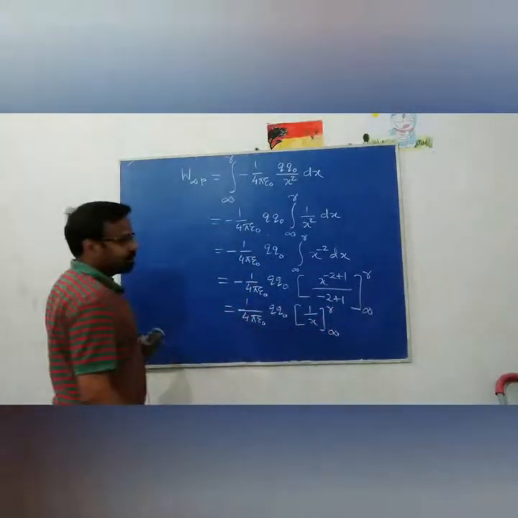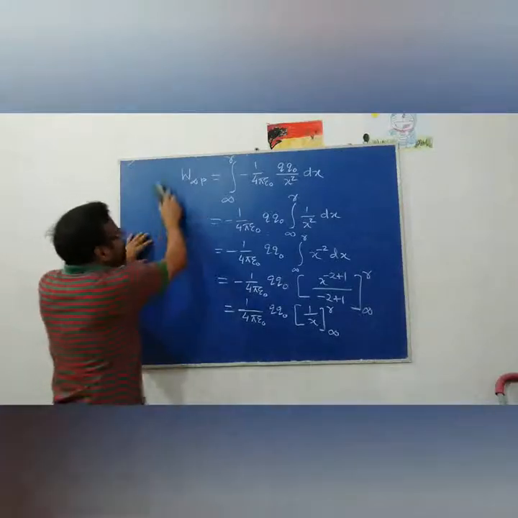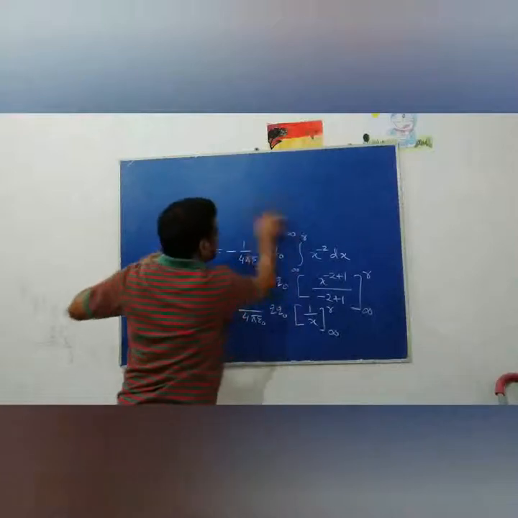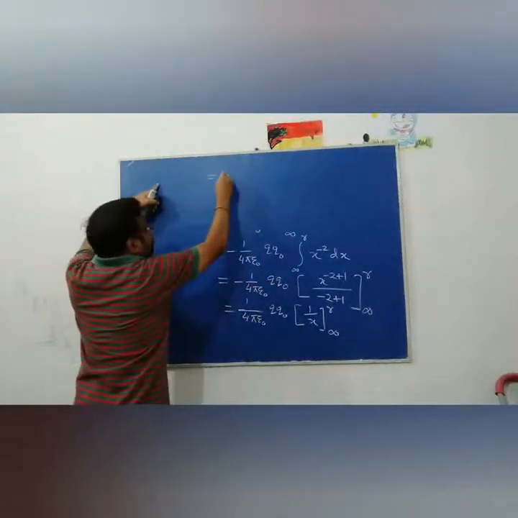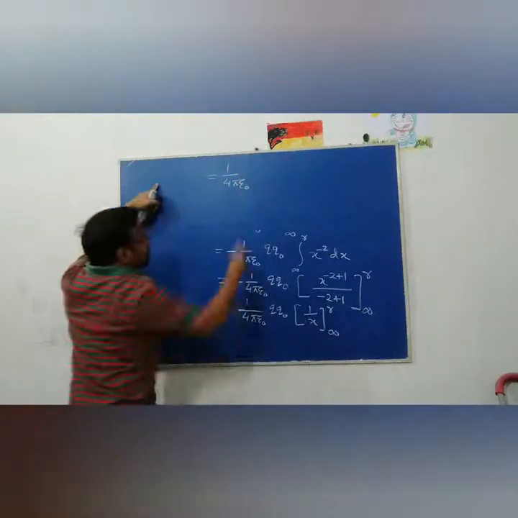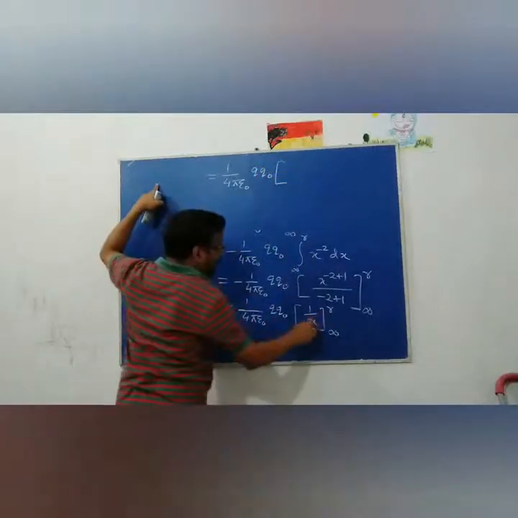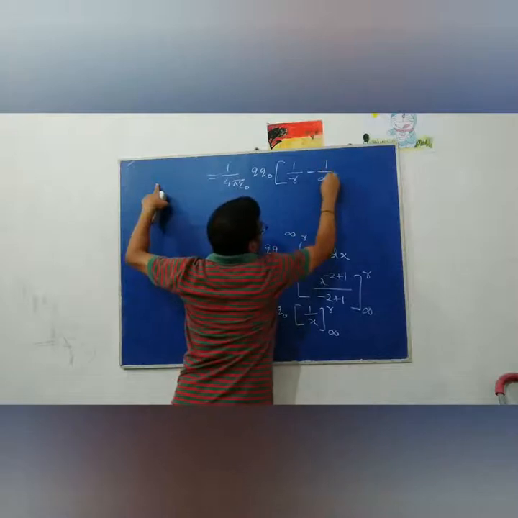Okay, fine. So now after this step, 1 by 4 pi epsilon naught Q Q naught, upper limit minus lower limit.